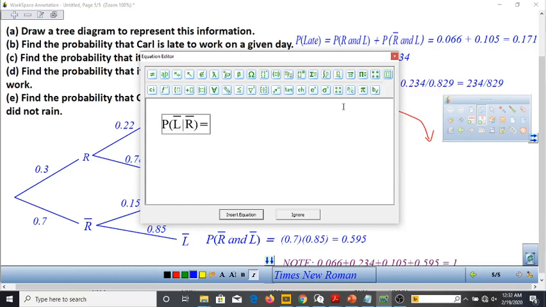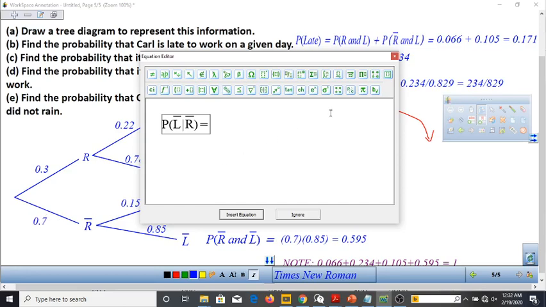So again, what we did was we looked at only the part without rain, and so how much of that was he was not late. It's 0.85. To do it the longer way, we would say, okay, what's the probability of it not raining?